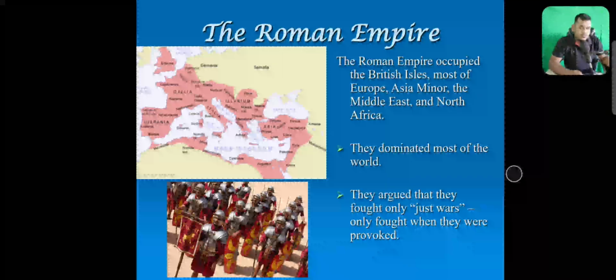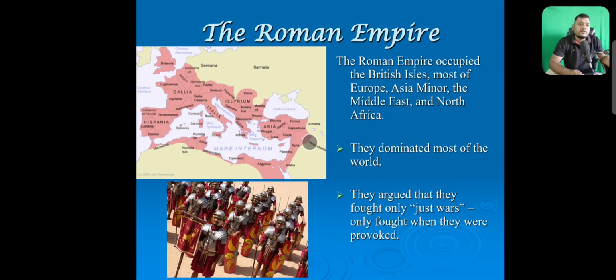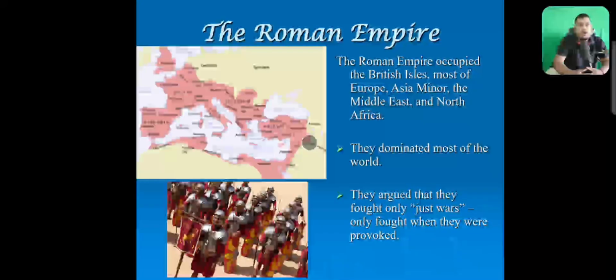You can see these areas on the map that were occupied by the Roman Empire. The Romans had a great army and great soldiers, so they had the power to defeat any kingdom and occupy that area.